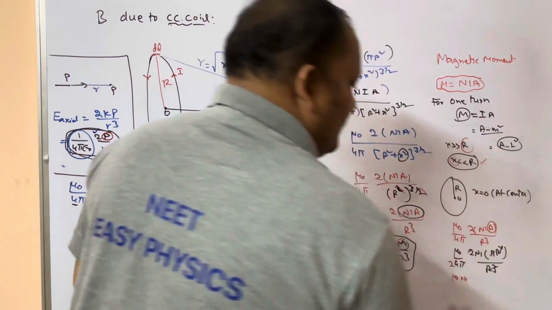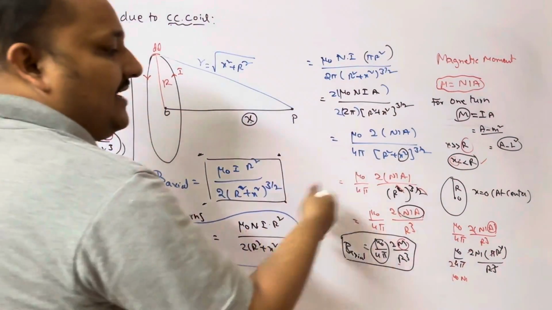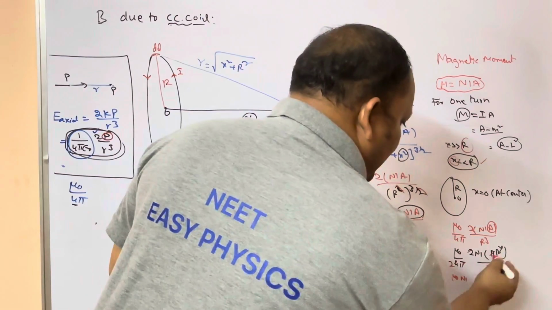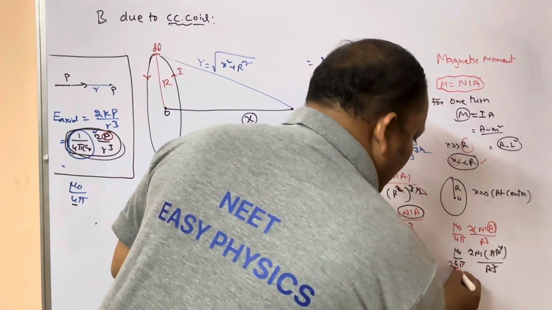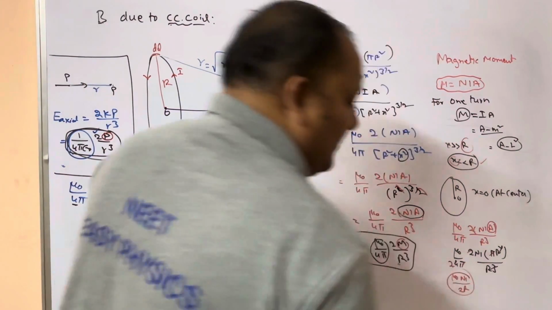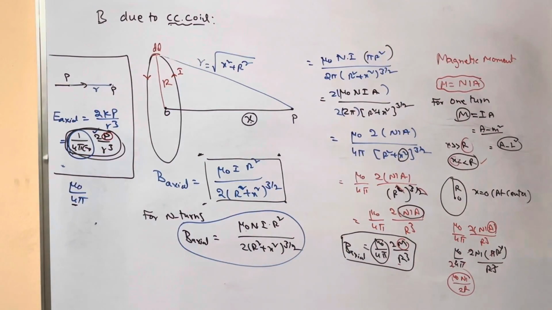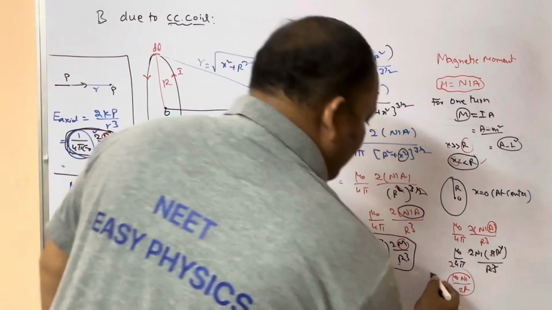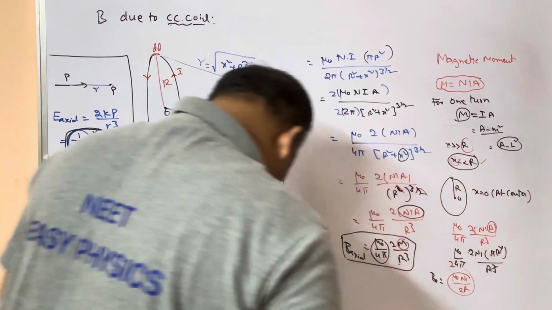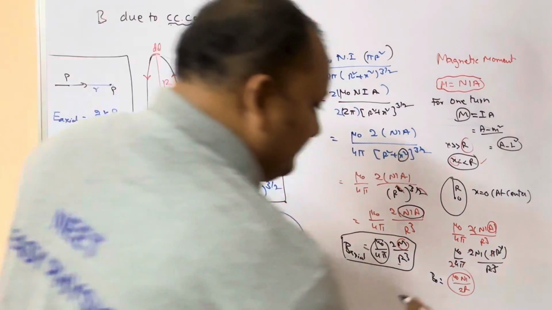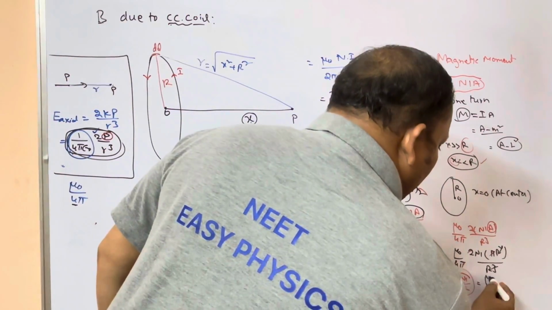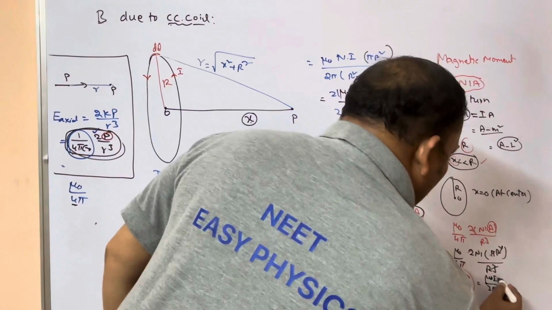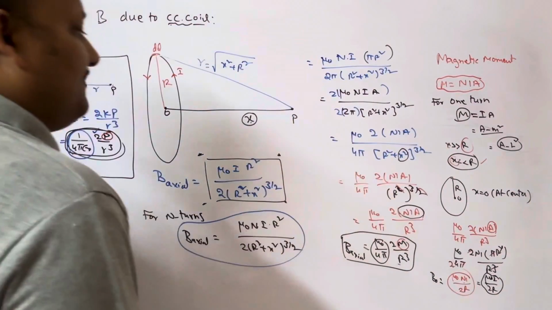This is cancelled, 2 times means which one you multiplied? Again we are cancelling that. Mu naught NI by 2R will remain. Is it visible? Mu naught NI by 2R. This is the magnetic field intensity at center. For 1 turn, mu naught I by 2R. This formula you should remember.